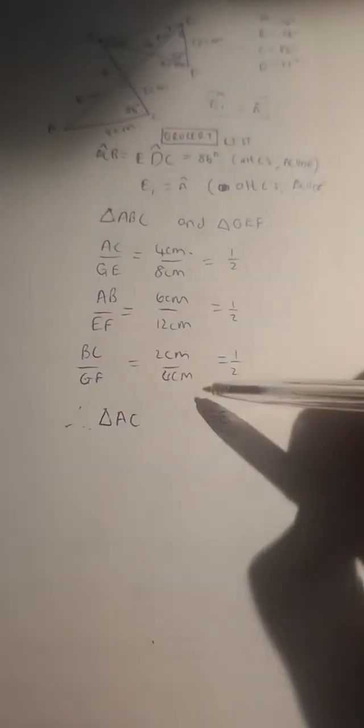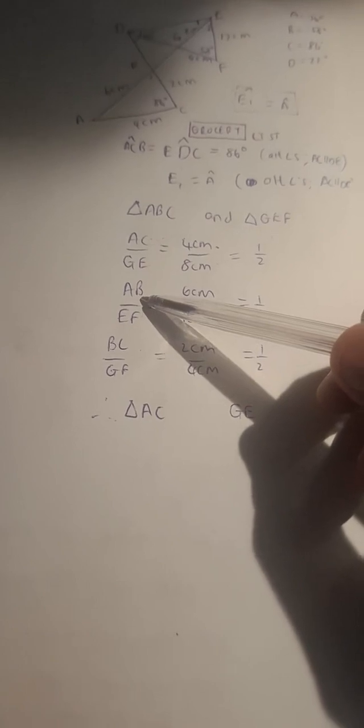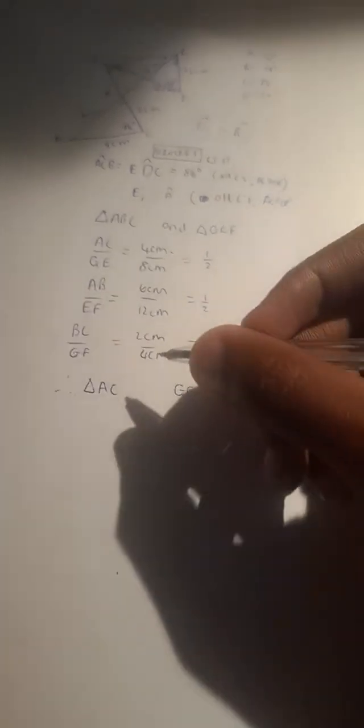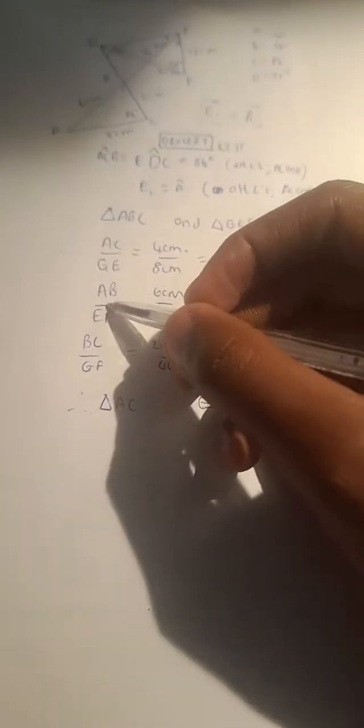So let's just say AC, and then for the other triangle, GE. Maybe it's EG or GE, but AC over GE, AB over EF, and then BC over GF.